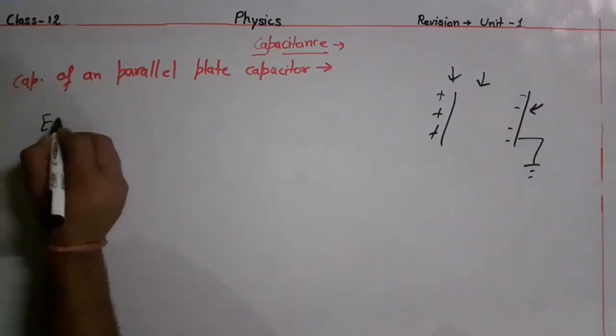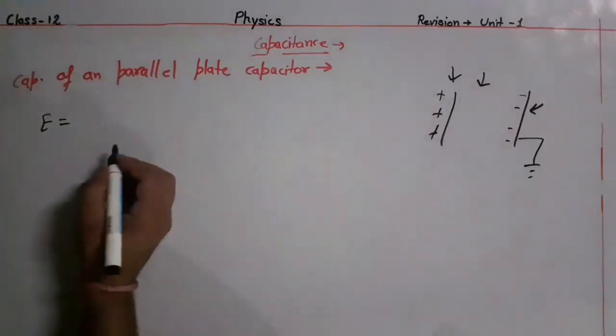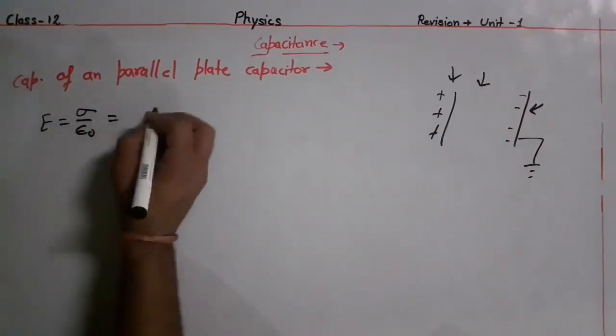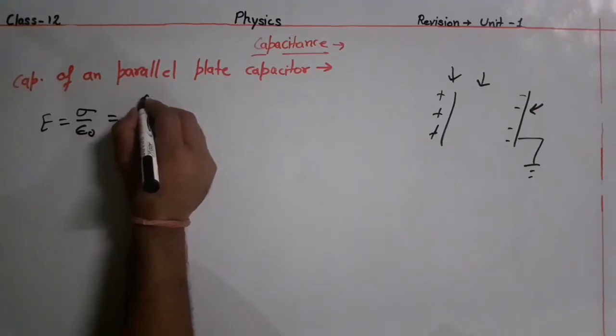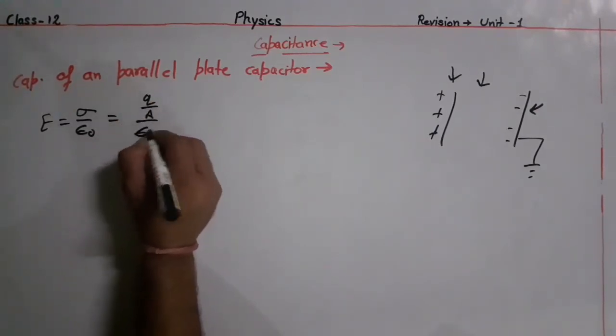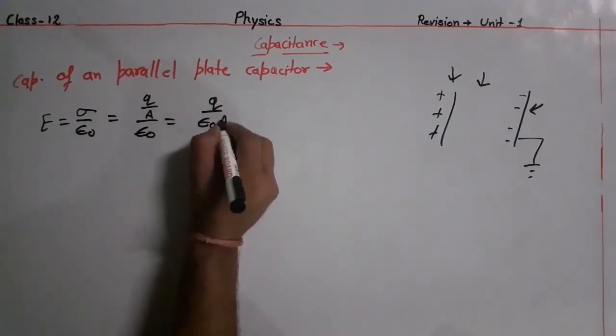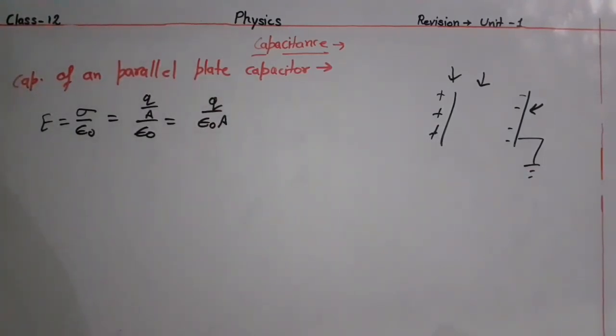We know that the electric field between this medium is E equal to rho by epsilon naught, and rho is the surface charge density. If we write the value of rho, which is Q by A, by epsilon naught, this gives us Q by epsilon naught A. This is the value of the electric field.